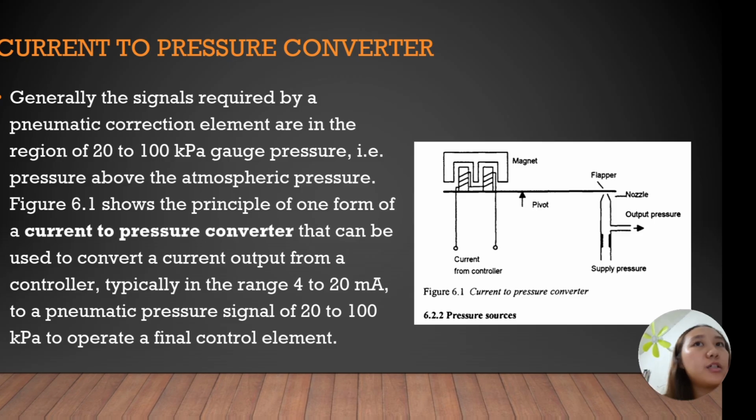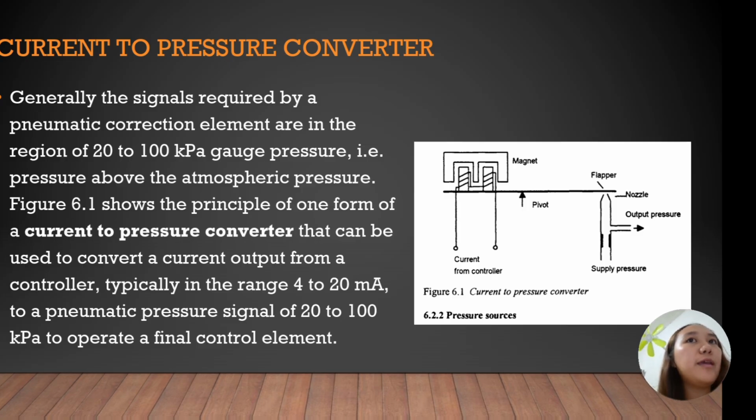A pneumatic correction element requires signals typically ranging from 20 to 100 kilopascals gauge pressure. So the current to pressure converter, I/P, takes the standard current output from a controller, usually in the range of 4 to 20 mA, and converts it precisely into these necessary pneumatic signals, as shown in figure 6.1.